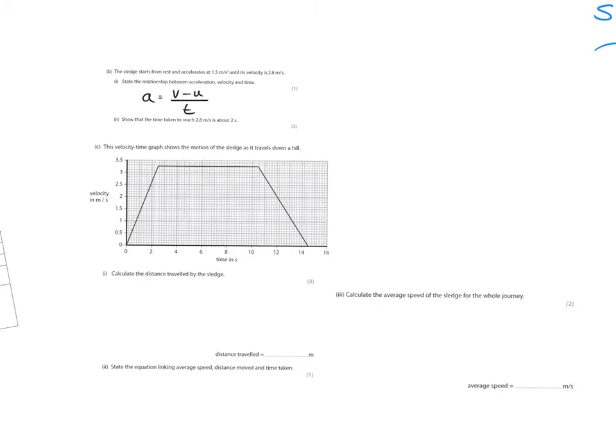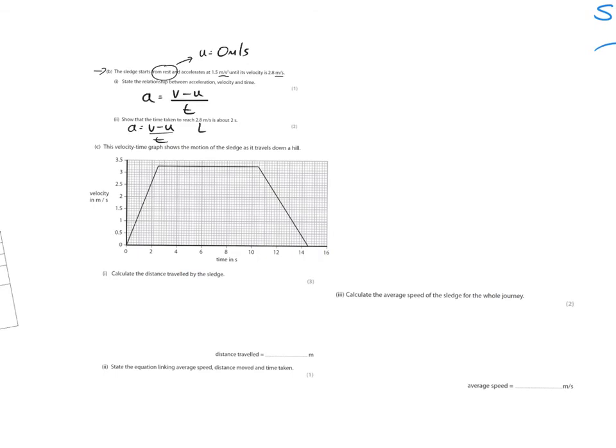So it says the sledge starts from rest and accelerates at 1.5 meters per second squared until the velocity is 2.8 meters per second. We're told here the initial speed is 0 meters per second, remember, because it says at rest. Now, if we want the time taken, we want to take our equation and rearrange it so that t is the subject.